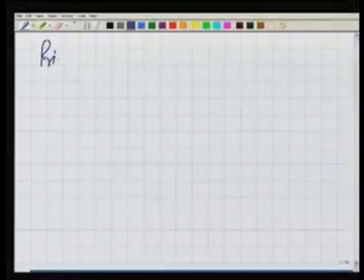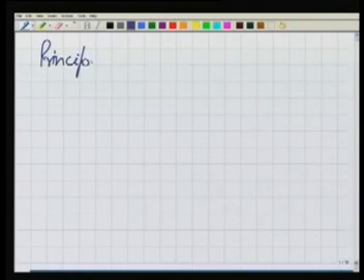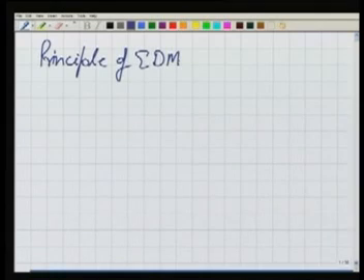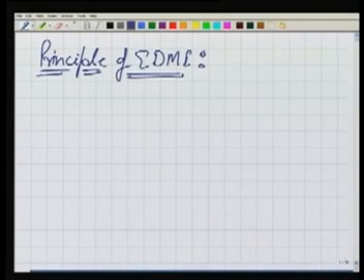Okay, now we will talk about the principle of EDMI. How do they measure the distances? We have seen only very briefly the principle, but here we will look into the details.